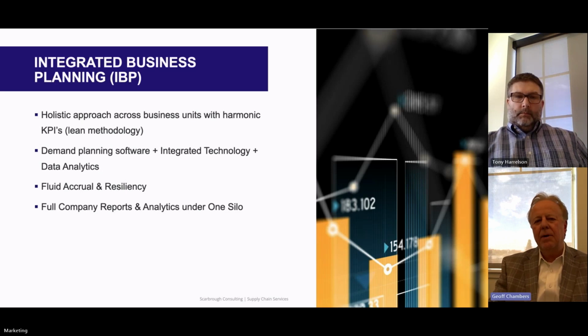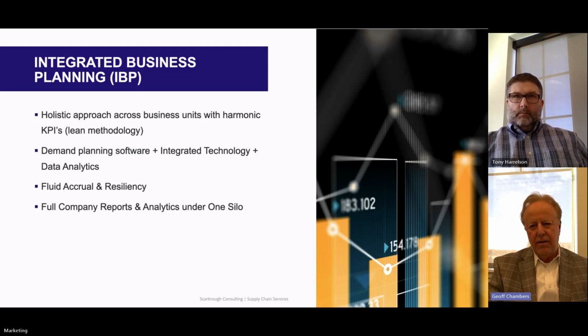One of the great things about integrated business planning is that, with the integrated technology and the leadership behind each business unit, operating within the established KPIs as a single-source company, moving together with all the business units just as your body moves with all of its parts together as one, you have the full company reports and analytics under one silo.